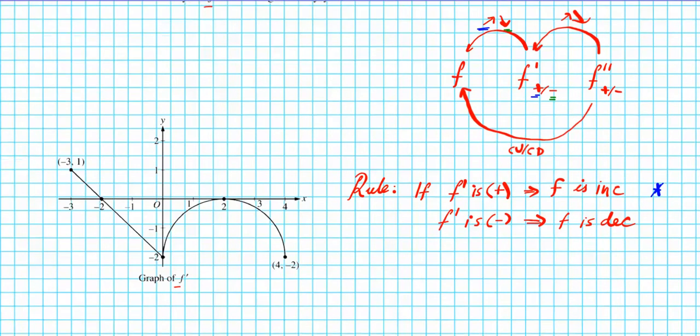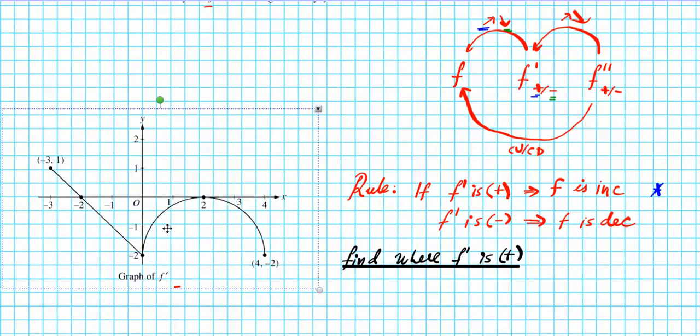So to rephrase the question, what we're actually looking for is the interval on this function where f prime is positive. If we can identify that interval, then we can conclude that f is increasing there based on the rule we just considered. So this is a graph of f prime.